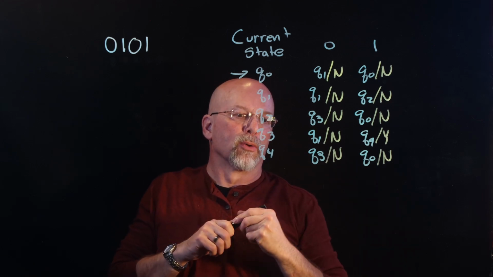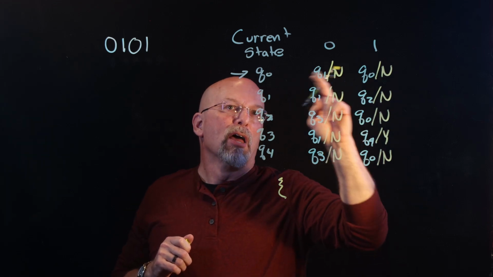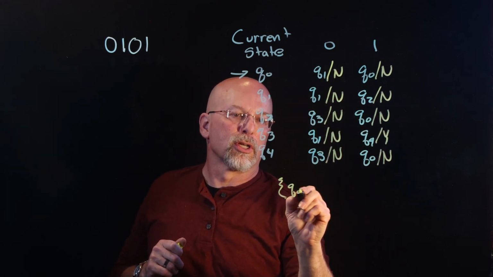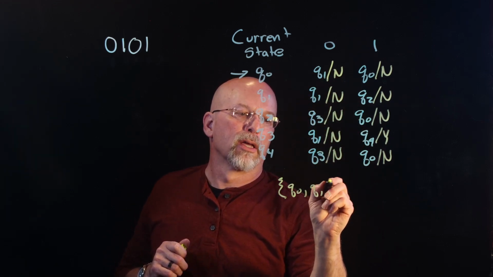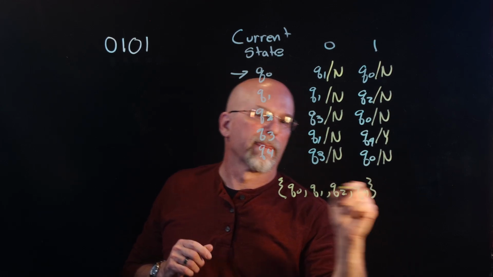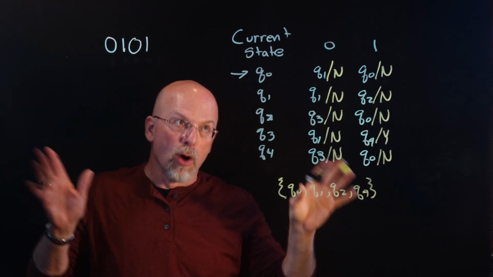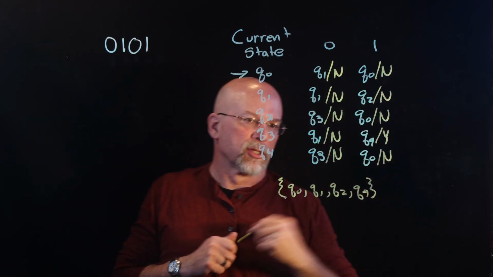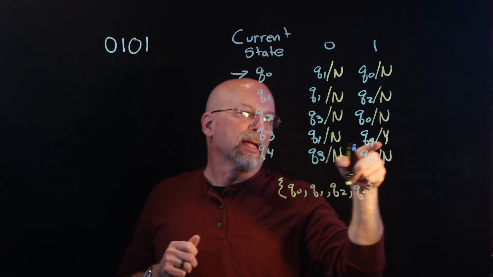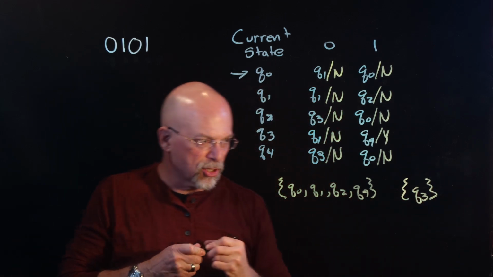Q4 has no, no. So we're actually going to create our first set that is going to contain Q0, Q1, Q2, and Q4, because those all have the same output, no, for both the transitions. We are going to take Q3 and make a set by itself.